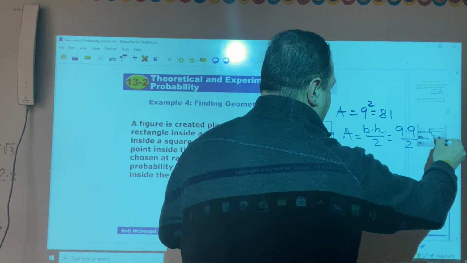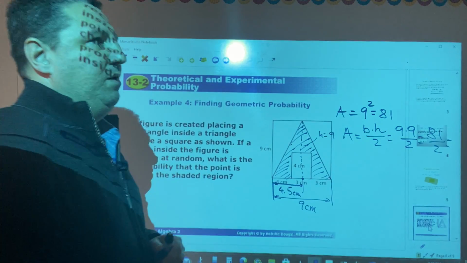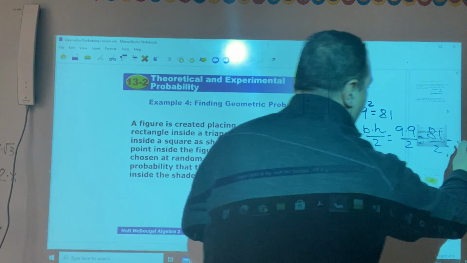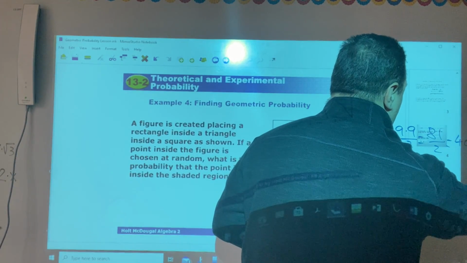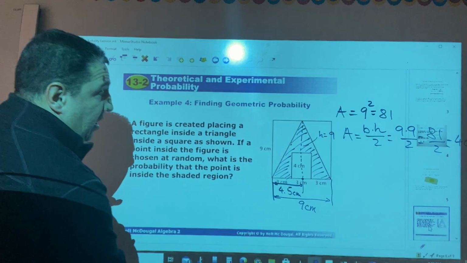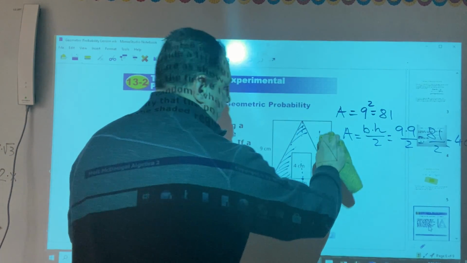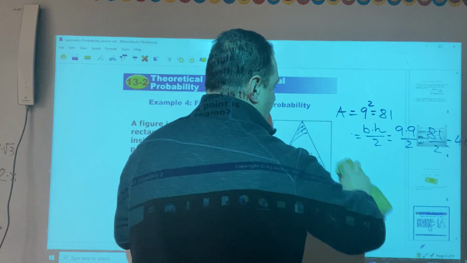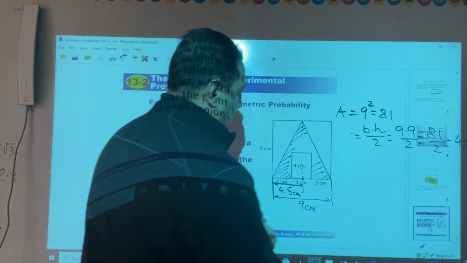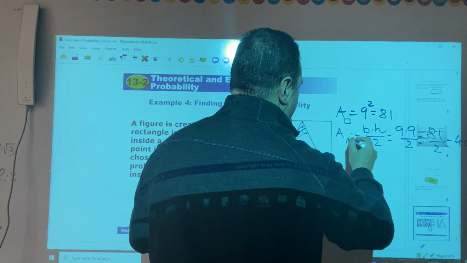So 9 times 9 is 81 over 2. 81 divided by 2 would be 40.5. Now we have to find the area of the triangle. This is the area of the square, the area of the triangle.